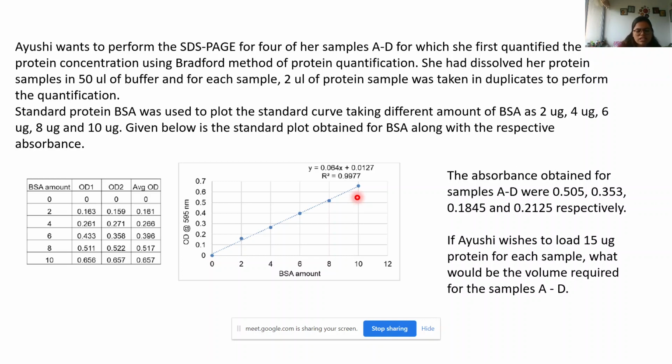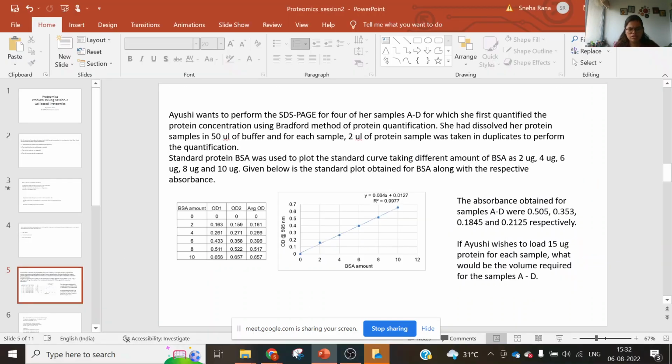Protein B is 5.60. Okay. Protein C, how have you calculated? 13.01. Can you explain? I calculated using this average OD value. If the OD is 0.161 and that corresponds to 2 microgram, then what will be the value for 0.505? Okay, so depending upon this chart given, just a minute.